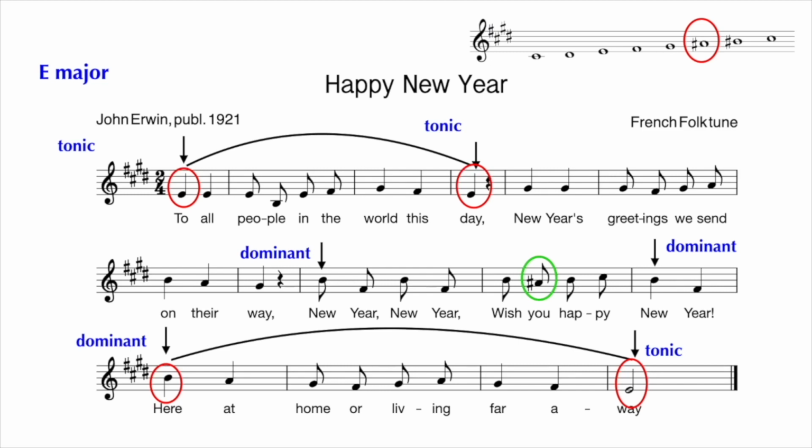Let's listen to it. At the beginning, it is obviously in the major, and then you may hear the instability created by A sharp in the second phrase, but then it goes back to the major key.